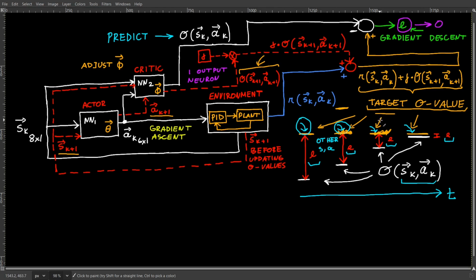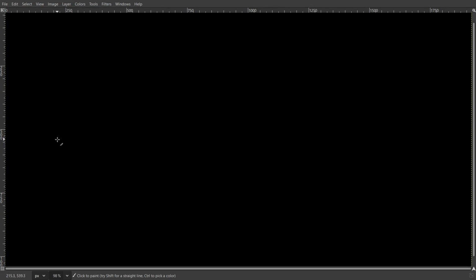It can even make it unstable. It's as if this guy constantly tries to catch this guy, but then this target value always jumps away from under your nose. And that might make the error grow bigger and bigger, and you never have any kind of convergence. The solution for this problem is the following.